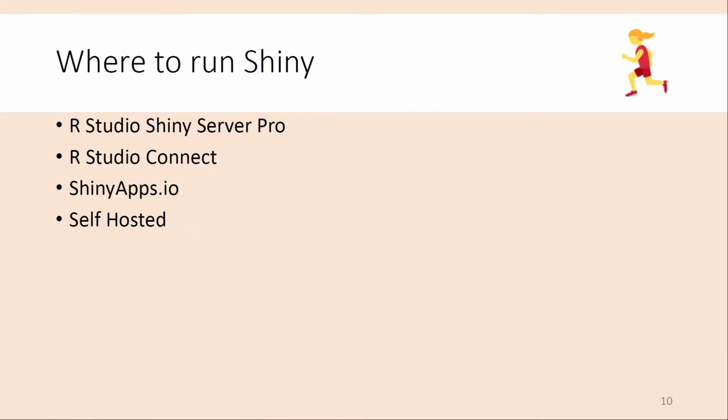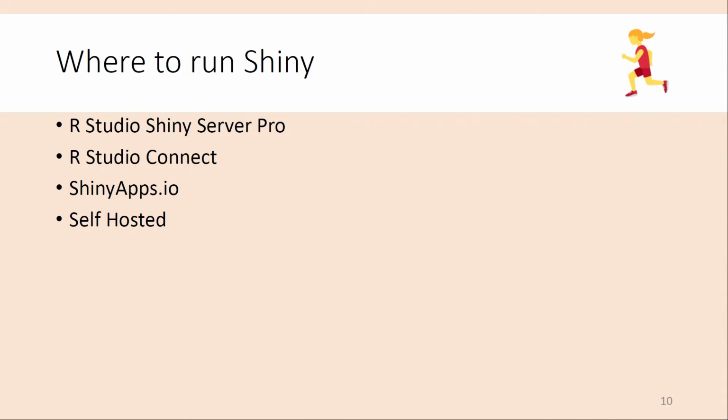Okay, so where do you run Shiny? Firstly, Shiny is an open source package within R, and there is an enterprise offering. RStudio provides an enterprise offering, largely focused at large corporates, and essentially they have two flavors.